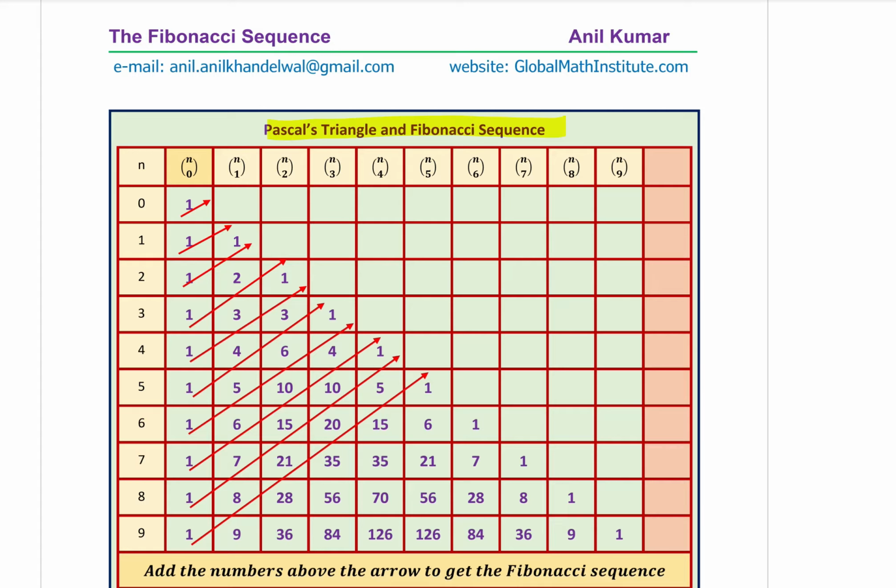So as I was saying, if you look into the diagonals, then the sum of numbers the diagonal goes through is actually producing the Fibonacci sequence. Correct? That's the whole idea, right? So that is how you could write down your numbers, and what you get is a Fibonacci sequence.